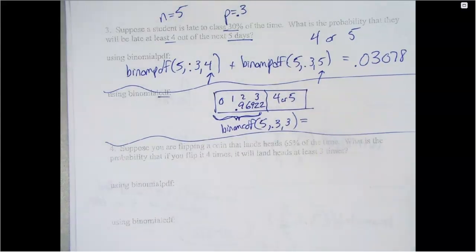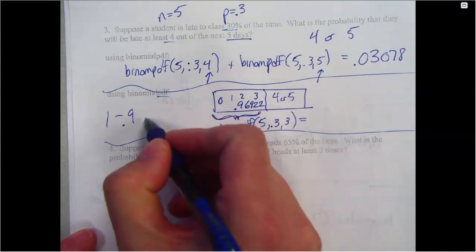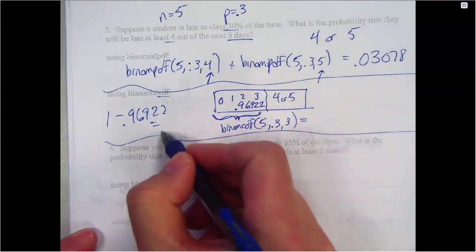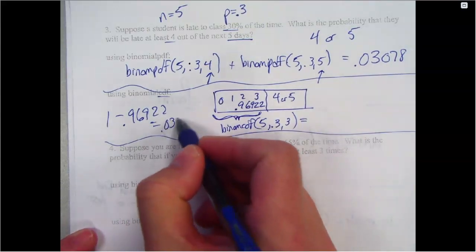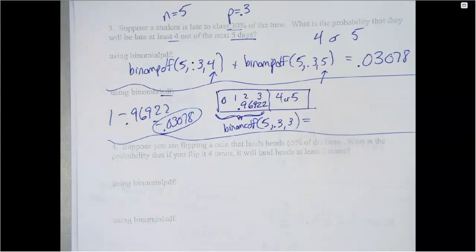I'm looking for the opposite of that. So I do 1 minus the 0.969, which is this. Right here. So you do have a choice, but there are times when CDF is much, much, much faster. Questions on that one before I take it over?